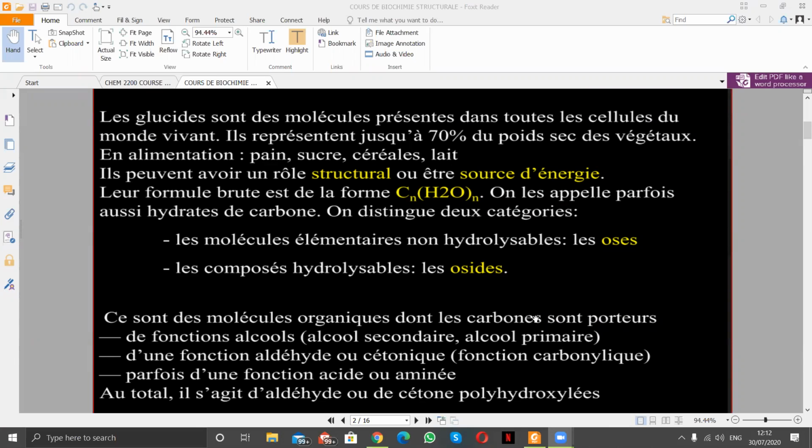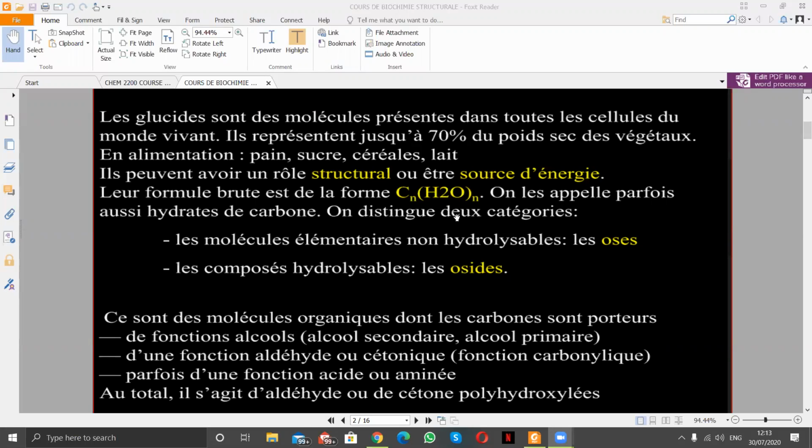All carbohydrates are hydrates of carbon, and they contain hydrogen, carbon, and oxygen, with the ratio I was talking about, 2:1.